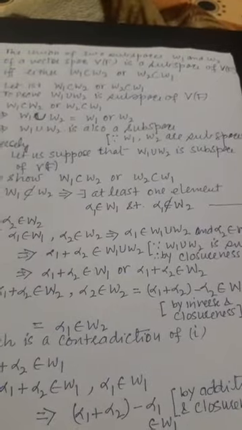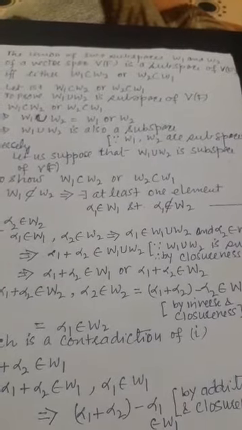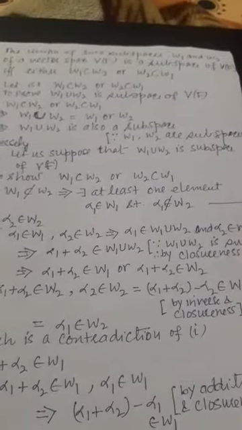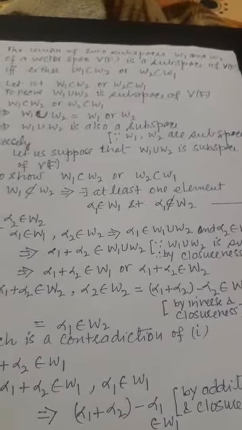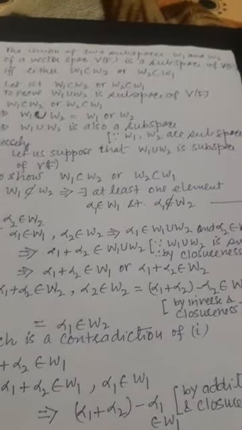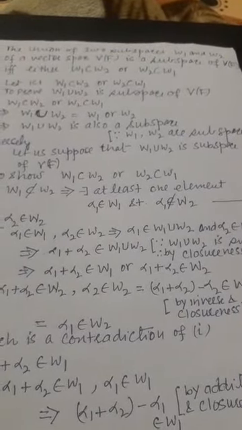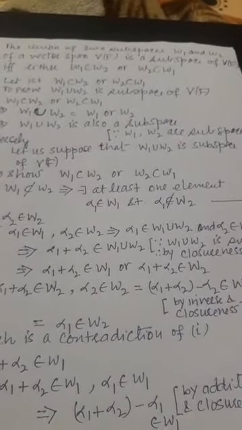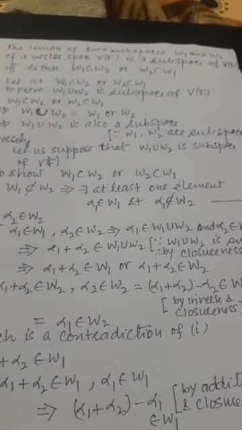So we have to prove that the union of two subspaces is again a subspace. Since W1 is a subset of W2 or W2 is a subset of W1, it implies that the union of W1 and W2 will be equal to either W1 or W2, which are the subspaces. Hence, the union of two subspaces is again a subspace of the vector space.